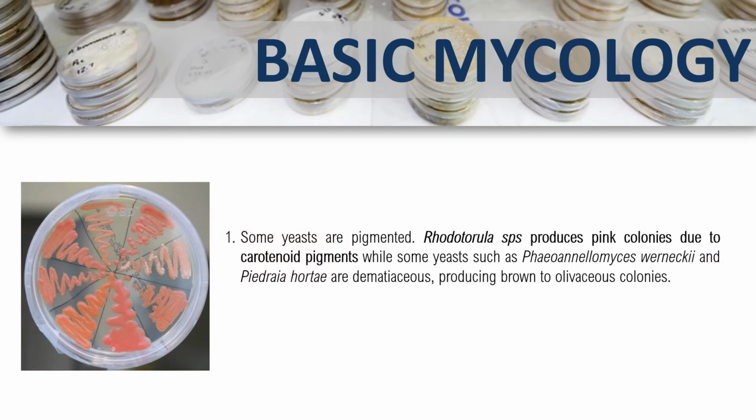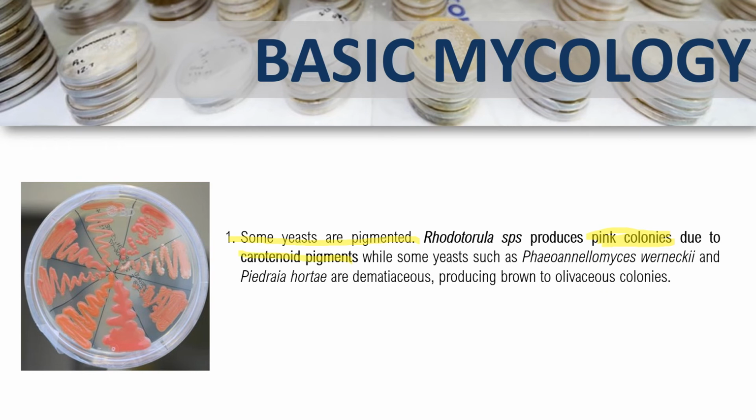So lastly, class, for the general characteristics and properties of your yeast cells, some yeasts are pigmented. So take note of this, class, some yeasts are pigmented. Example, class, you have your Rhodotorula. Rhodotorula species produce pink colonies. Naman, class, pag tinanong sa exam, bakit siya nagpo-produce ng pink colonies? Because of the carotenoid pigments.